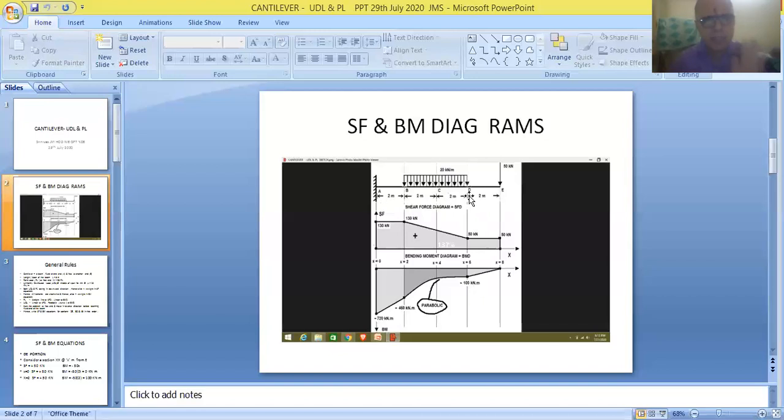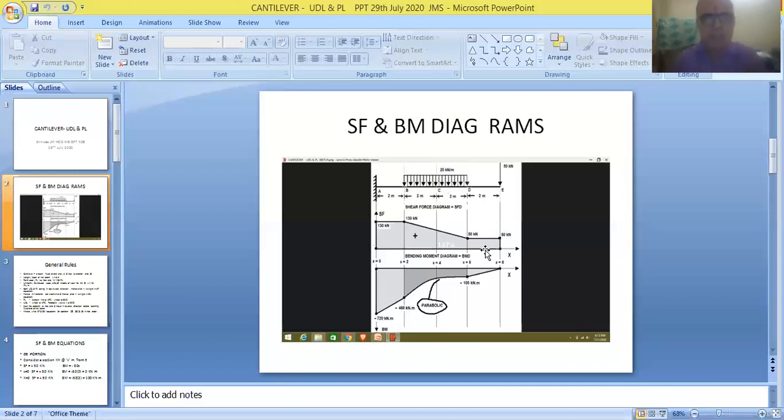It is used for indicating the various loads acting on the top surface of the beam, all the loads acting on the beam. That's why it is called a loading diagram. Using this diagram, we have to frame equations, fix the limits, and make the SFBM calculations.